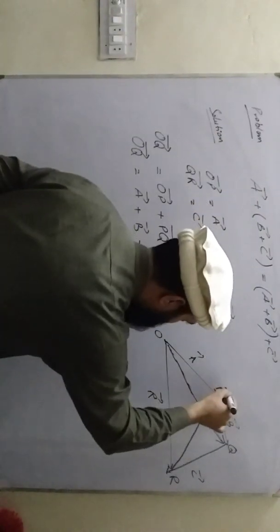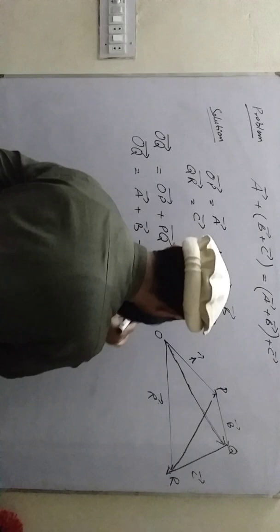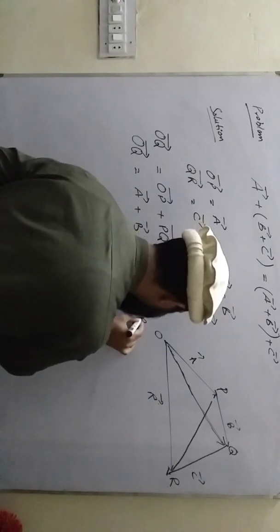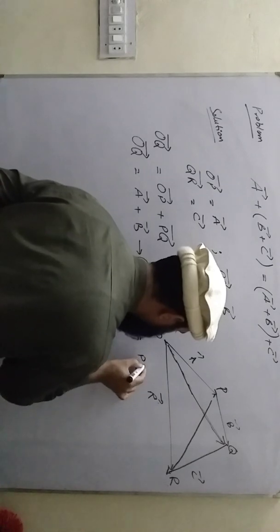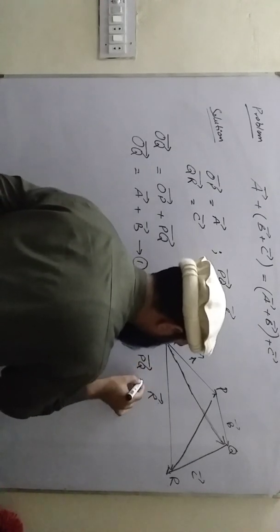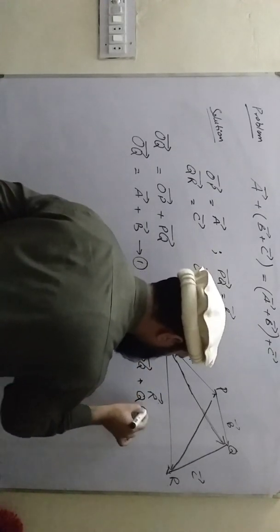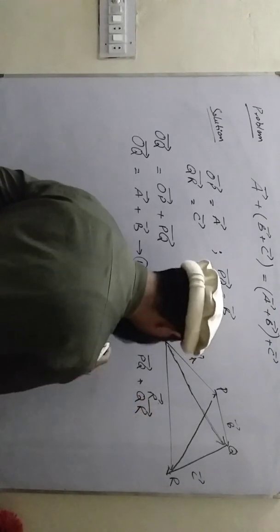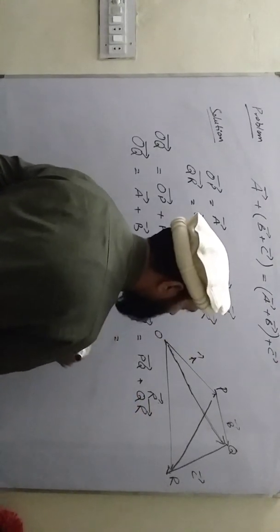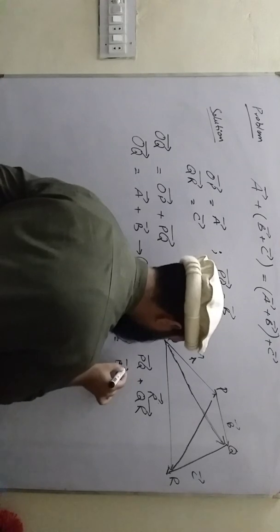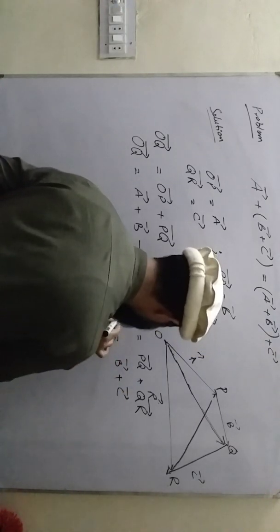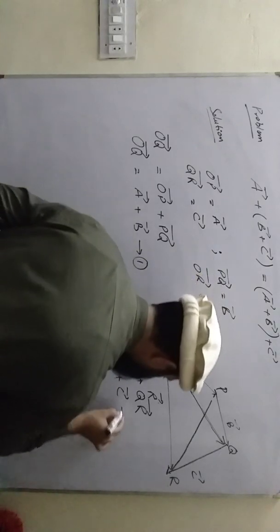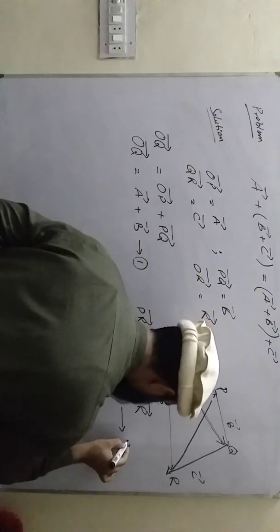Again, if we consider this vector PR, which is the sum of PQ and QR, as PQ is vector B and QR is the vector C. This is equation number 2.